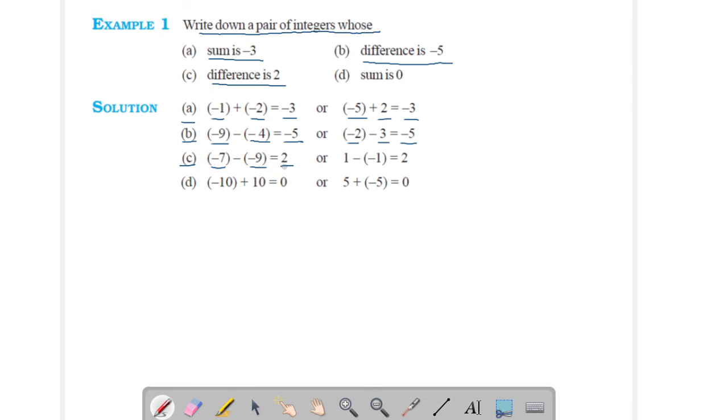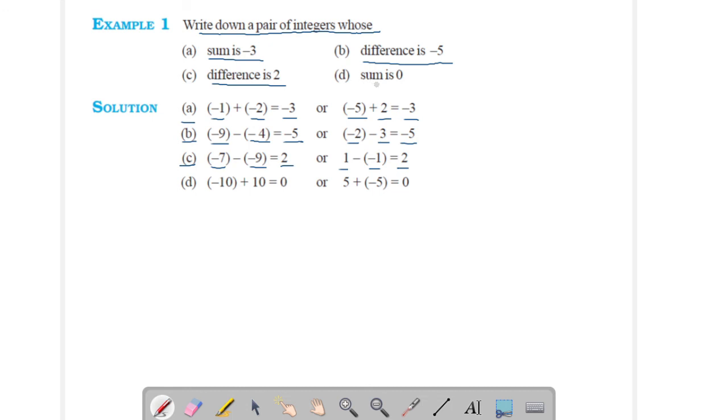Their difference is 2. Also, if you take integers 1 and minus 1, what will you get? 1 minus within the bracket minus 1. If you remove this bracket, minus minus will be plus. So 1 plus 1, you will get 2. Here again 1 and minus 1 are two integers whose difference is 2.